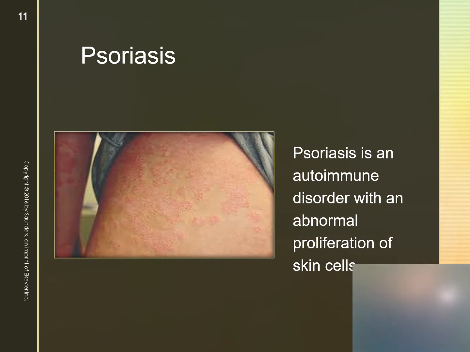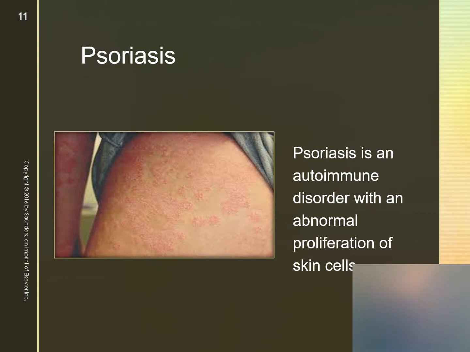Psoriasis is a chronic non-infectious inflammatory disease in which there is an excessive proliferation of skin cells. Plaque psoriasis would be the most common type. The cause is unknown, but it's likely a genetic predisposition, and it also requires a triggering mechanism, and it may have some immunity component.